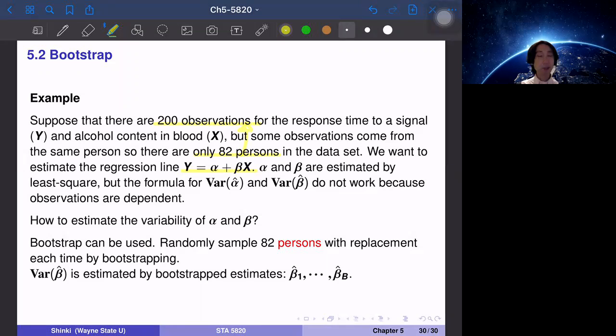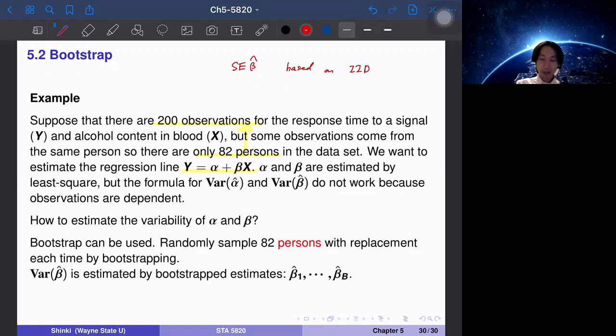Okay. So in this case, the IID assumption of the linear model is violated. We calculate the standard error of beta hat by theory, but it is based on the IID assumption of observations.